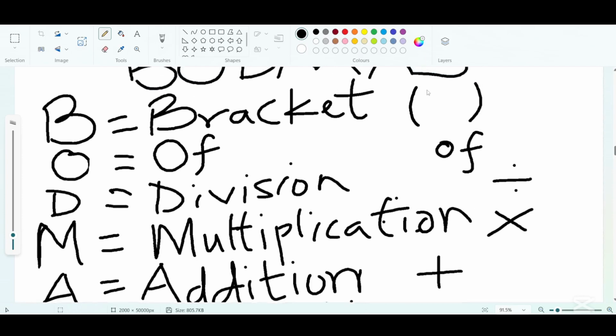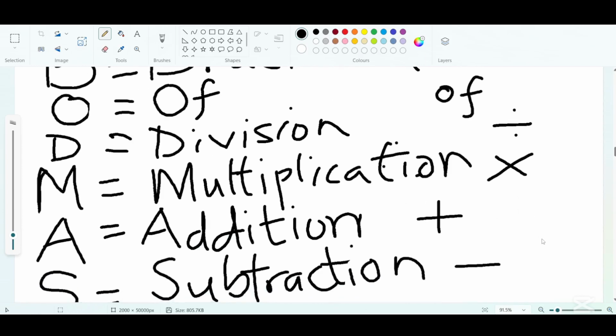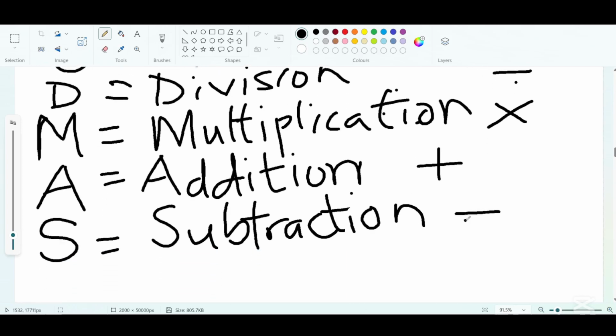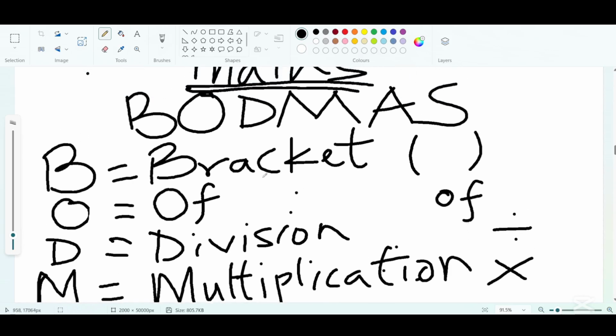Whenever we have a bracket, we resolve that, after which we go to of, and when we're done with of, we go to division. When we are done with division, we go to multiplication. When we are done with multiplication, we go to addition, and when we are done with addition, we go to subtraction. So this is the full meaning of BODMAS: brackets, of, division, multiplication, addition, subtraction.